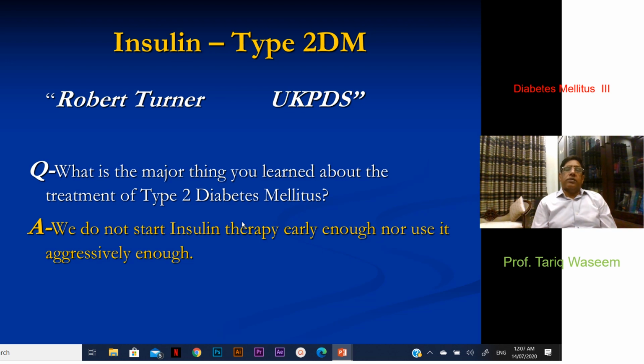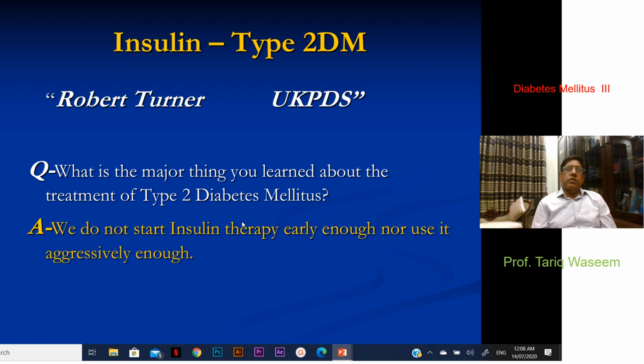So this highlights that even in type 2 diabetes mellitus, when there is treatment failure or failure to achieve glycemic control or A1C levels, there is reluctance on the part of both physician as well as patient to start insulin or to add insulin or to switch to insulin.